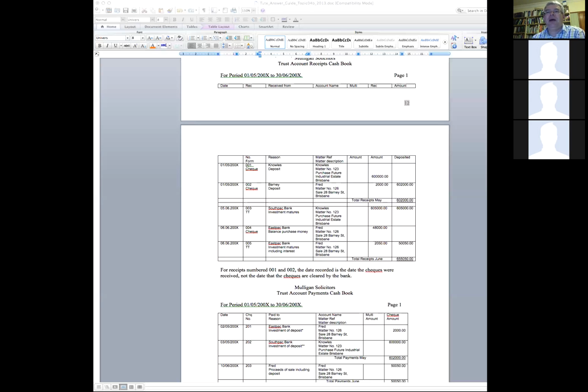Then you've got a situation where on the 2nd of the 5th, in relation to this Knowles purchase from Mudrake, you receive a letter from Knowles stating that the $600,000 should be placed in an investment account at Southbank Bank, Ipswich, for a period of 1 month on a term deposit paying 10% per annum. Now, this shouldn't be unexpected.